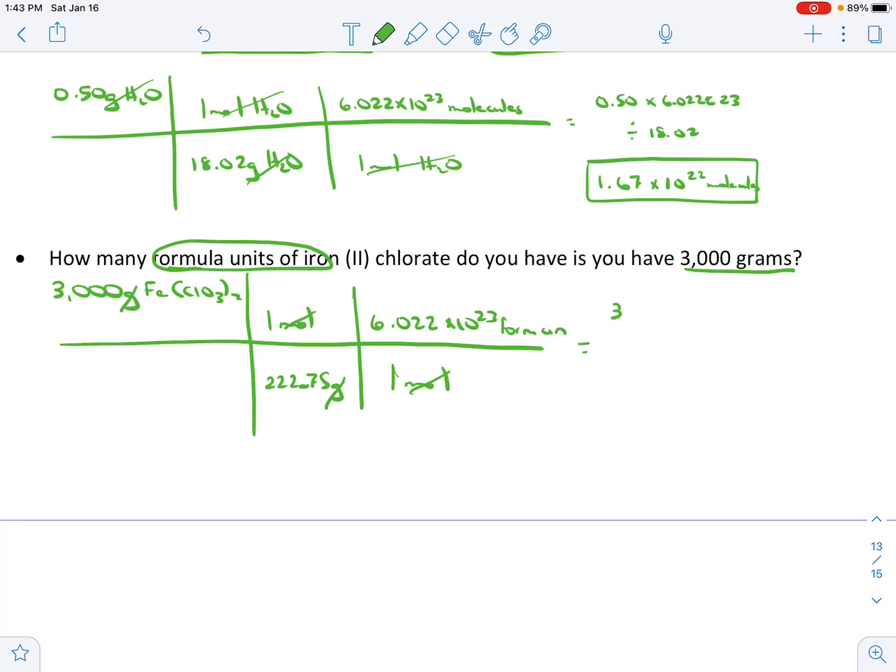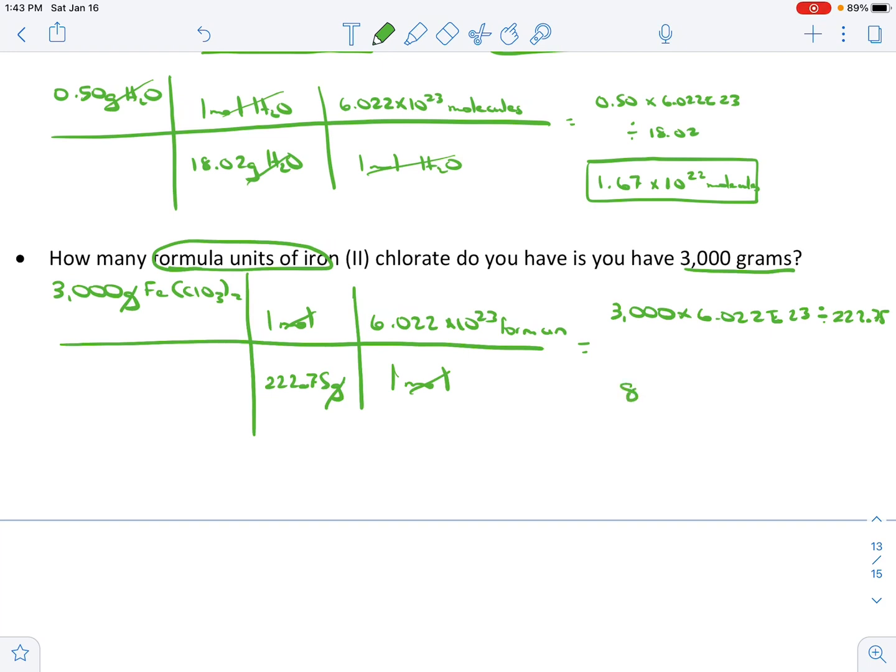We're going to take 3,000 times 6.022 E23, and then divide that by 222.75. That will be our answer.